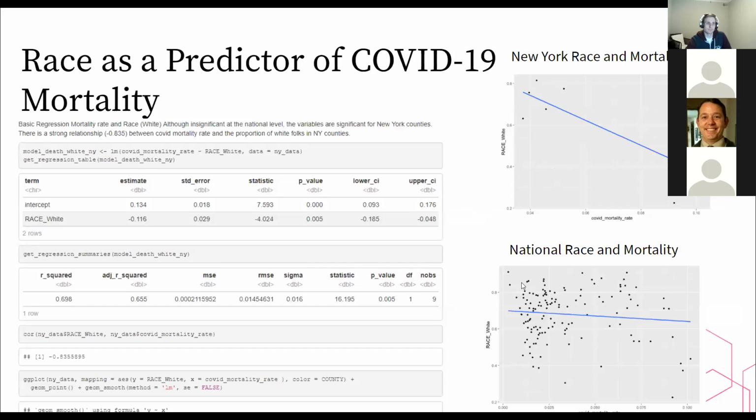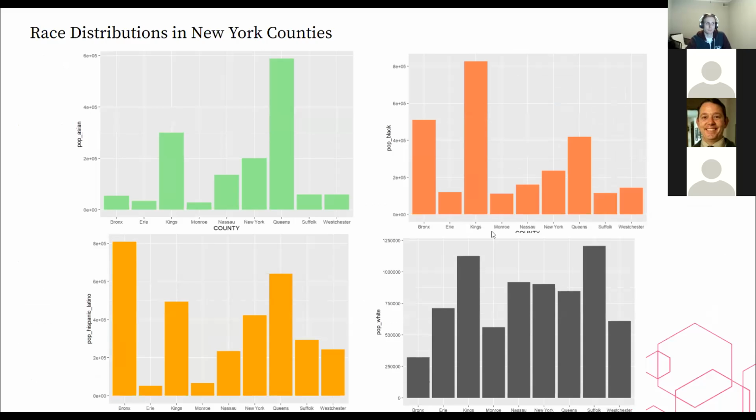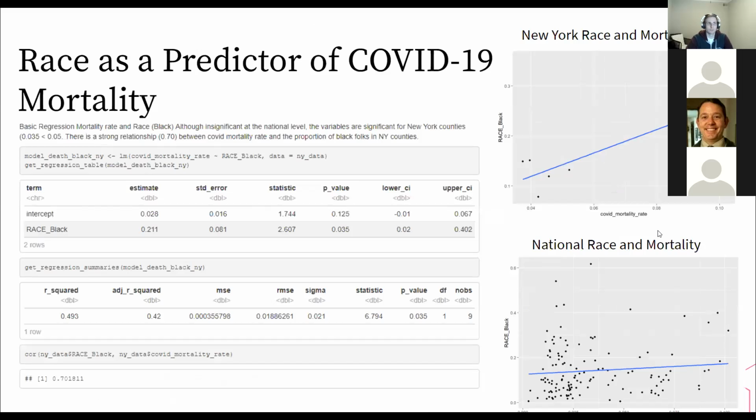one thing I found interesting that I wanted to explore further was the geographic location of these counties. Some of them, and I forget which ones, are located around Manhattan. And then there are two, and I can't remember which ones, that are located near Buffalo. So thinking about that, does geographic location have something to do with mortality rate?